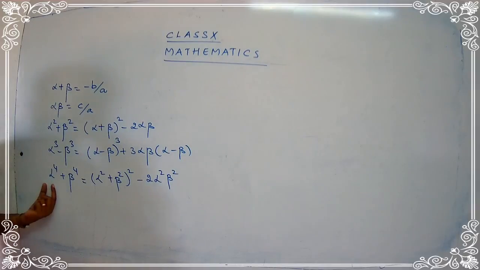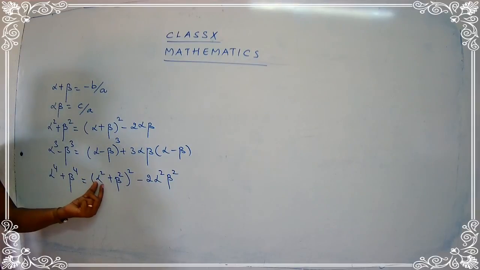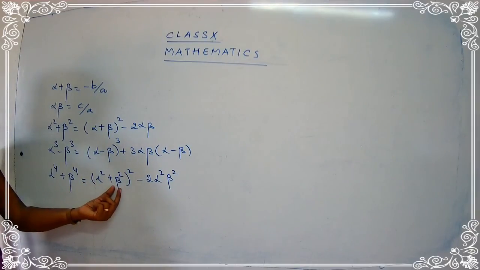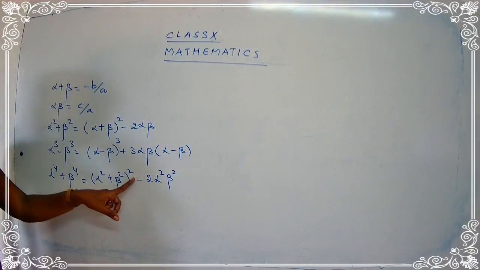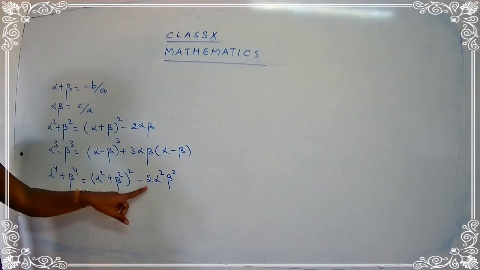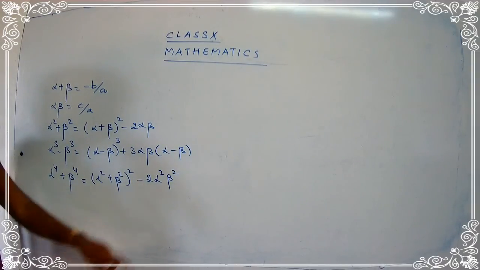Let's say once again the formula. Alpha raised to 4 plus beta raised to 4 is equal to alpha square plus beta square the whole square minus 2 alpha square beta square.